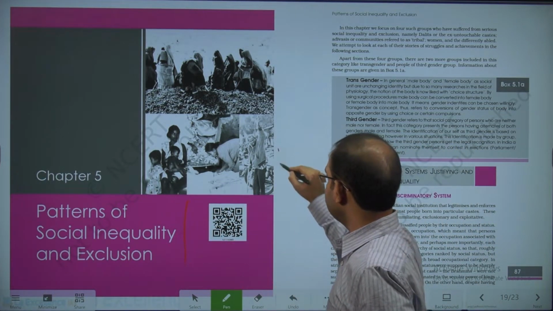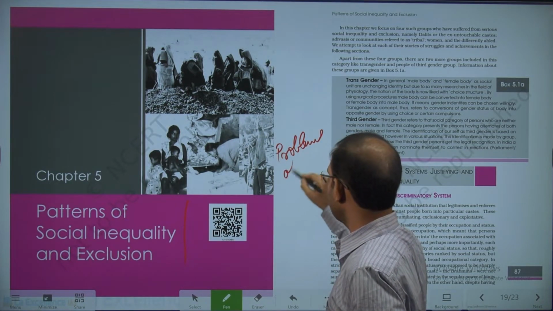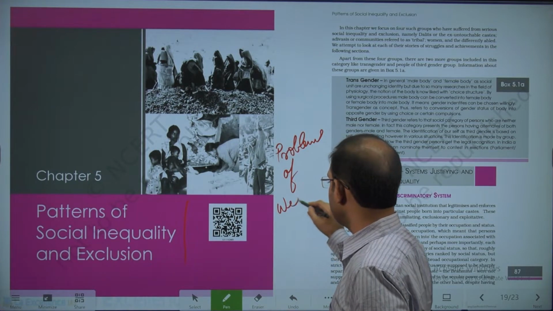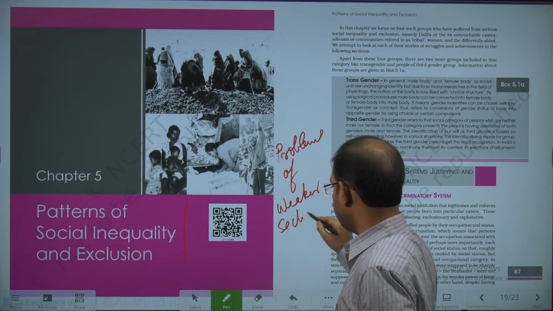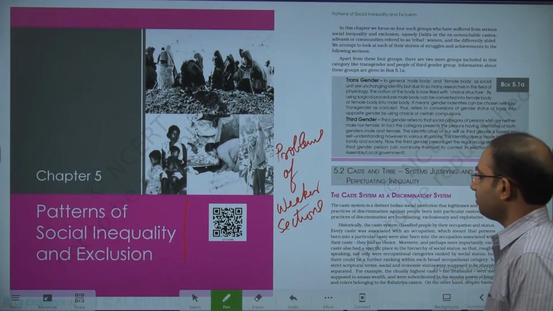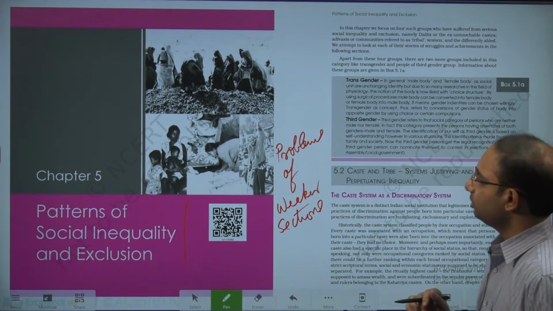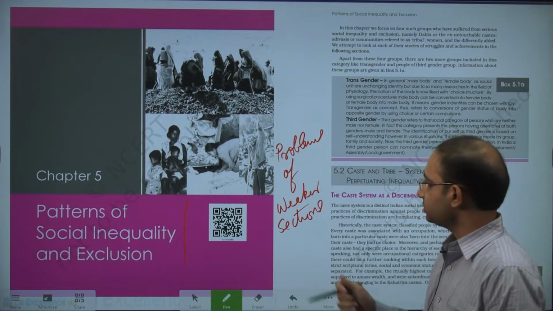This chapter is basically about problems of weaker sections. Weaker sections means those who are in a very disadvantaged position in society, like Dalits, like tribals, minorities, women. Here in this chapter, the focus is mostly on gender, so women and other gender-based minorities.